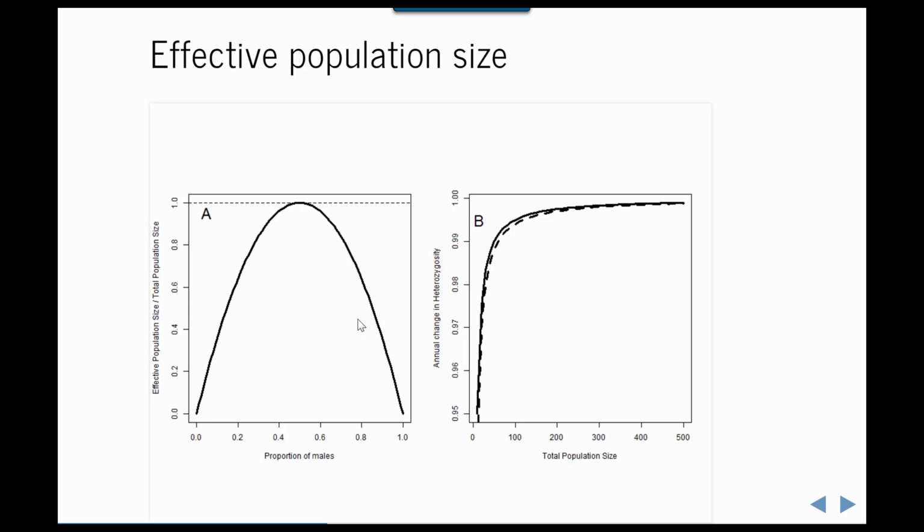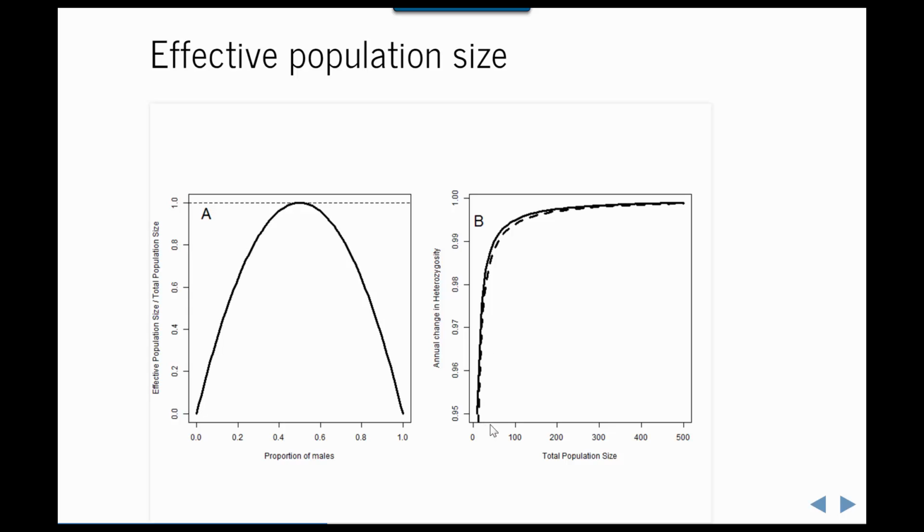Now, heterozygosity, or the annual change in heterozygosity, also decreases with population size. Rather, the rate of loss increases. So when our populations are very large, around 500, the rate of loss of heterozygosity is very tiny. This curve is very close to 1. As the population shrinks, this curve starts to accelerate faster and faster and faster, and then it starts to drop off quite rapidly.